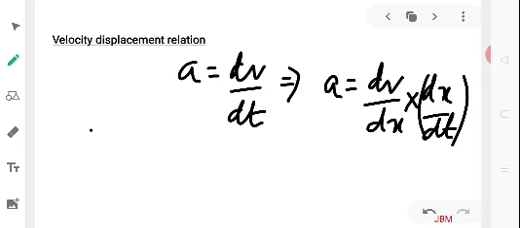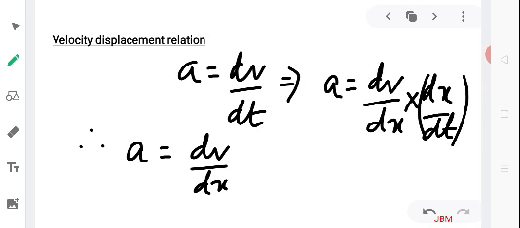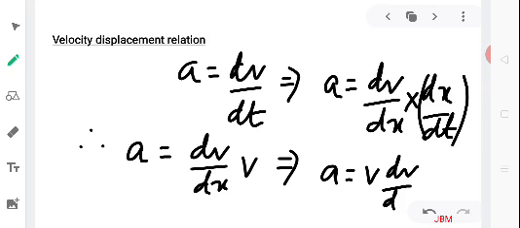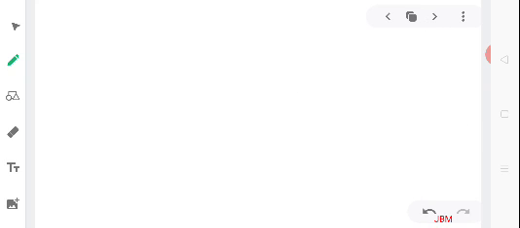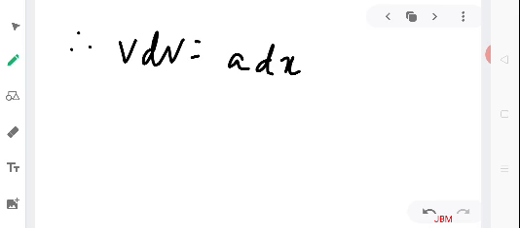So now we can write down, therefore a equal to dv by dx into v, or a equal to v dv by dx. Let's cross multiply, so we will get v dv equal to a dx.